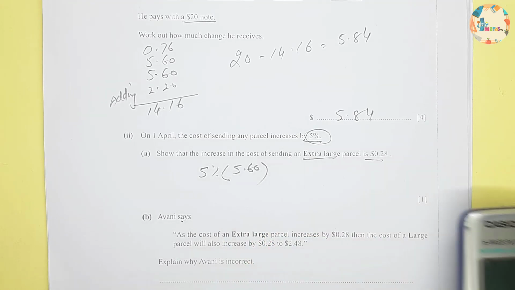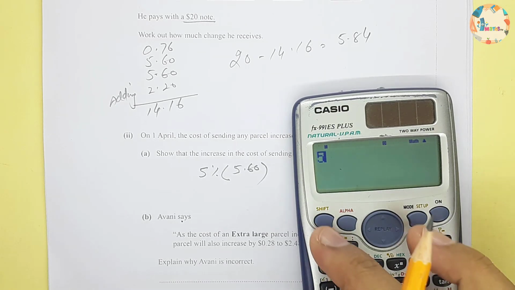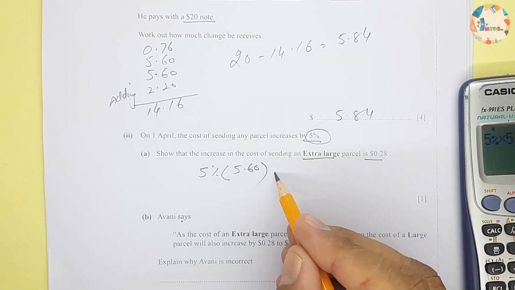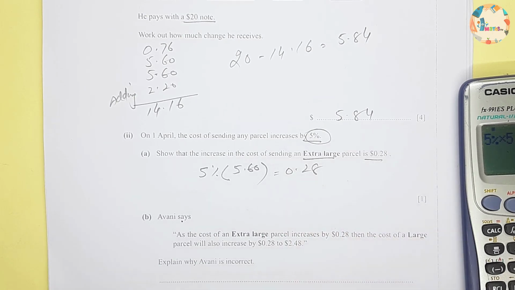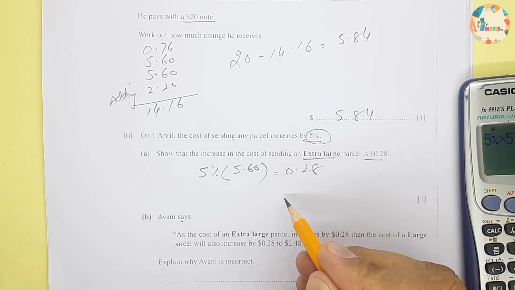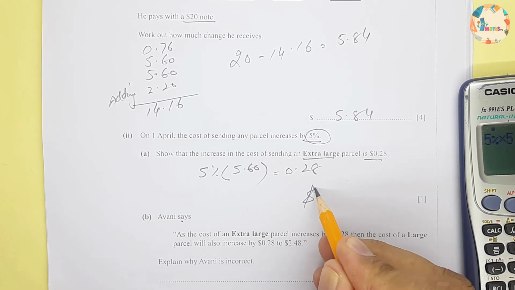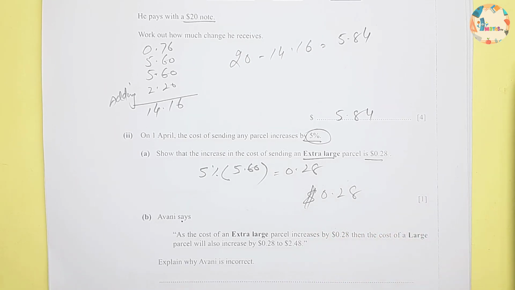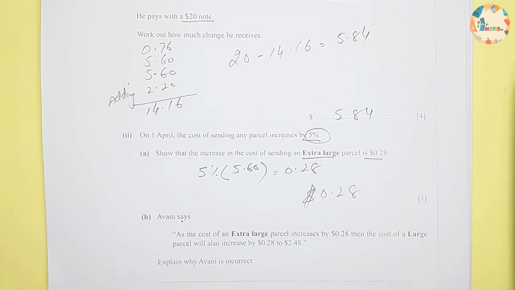If we calculate 5% of 5.60, this will give us 0.28 dollars. So our answer you can write as dollars, 0.28. Hopefully you are getting this.